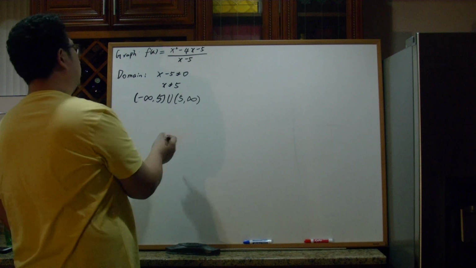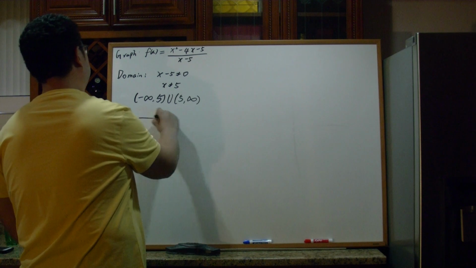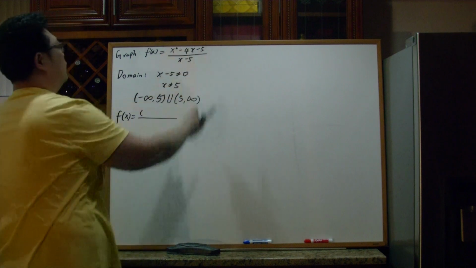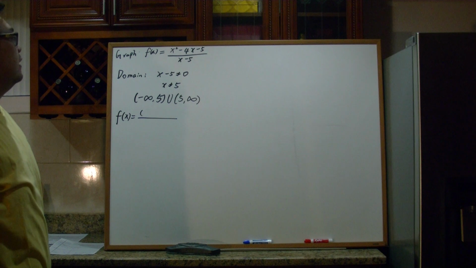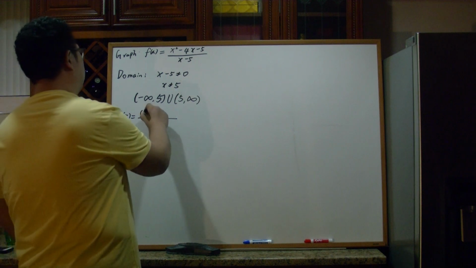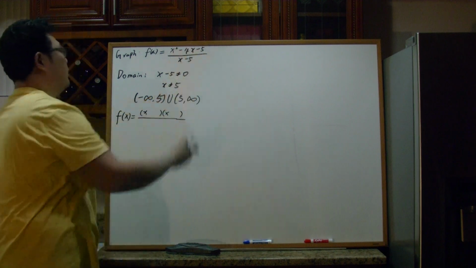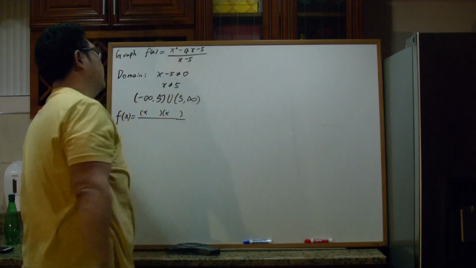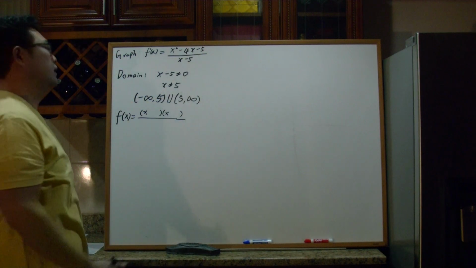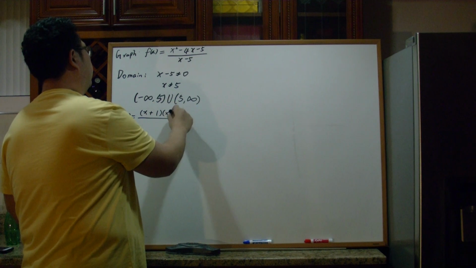Then to find vertical or horizontal asymptotes, we simplify our f of x. The numerator is able to simplify. That's the square term, which we can factor as x and x. Looking for two numbers with product of -5 and sum of -4, that's positive 1 and negative 5.